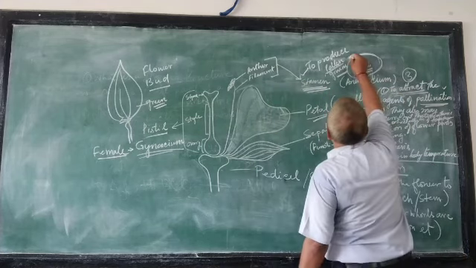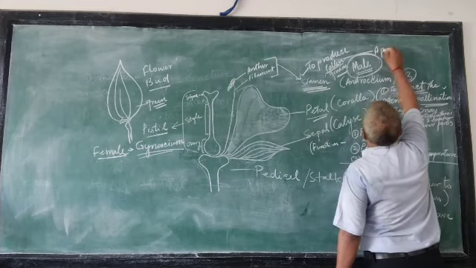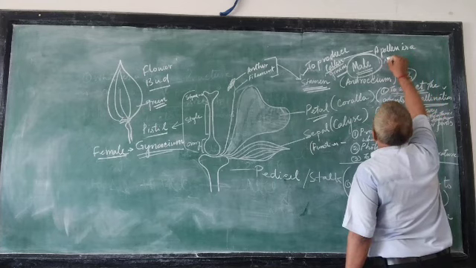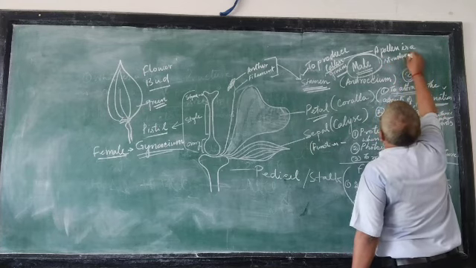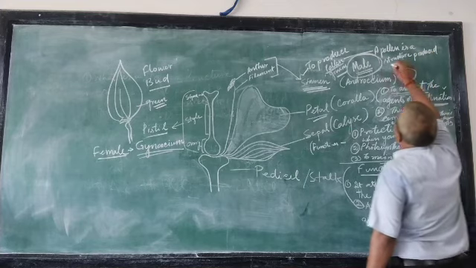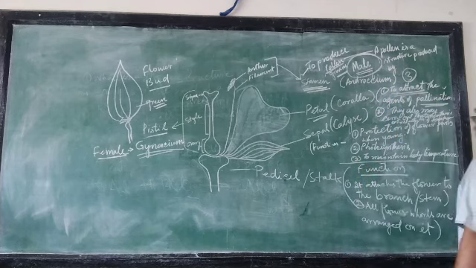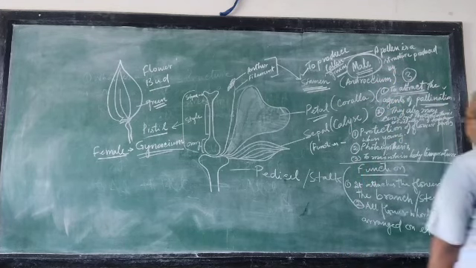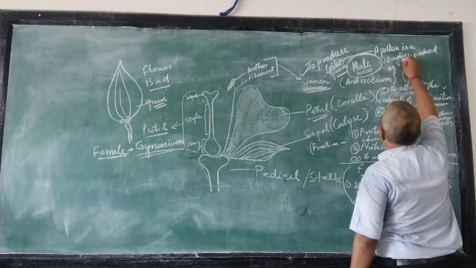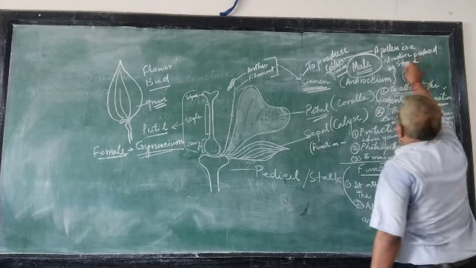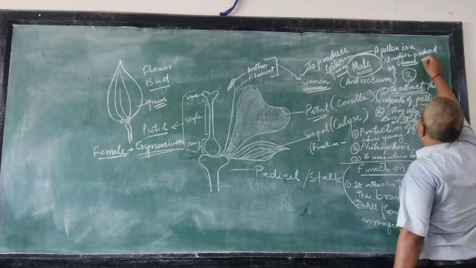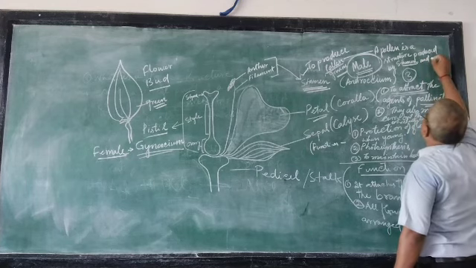Actually, a pollen is a cell. A pollen is a structure produced by whom? The main part of the flower, the stamen, right? Produced by the stamen and contains, what is inside it?